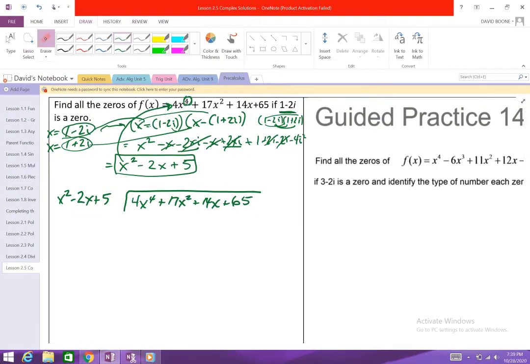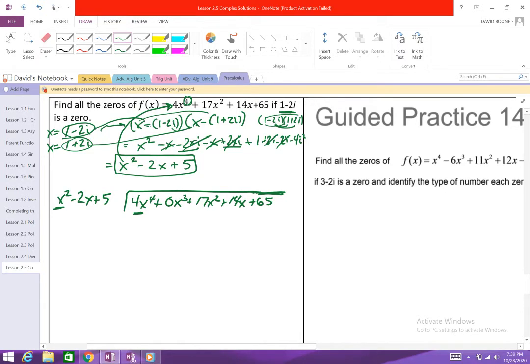Now what I would do when I do this problem is, again, I'm missing the third power, so I would make sure to squeeze that in. So I'll just rewrite that and have that plus 0x to the third, and then have the 17x squared, 14x, plus 65. And then we get the fun part of doing our long division.